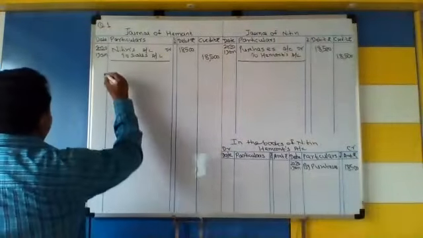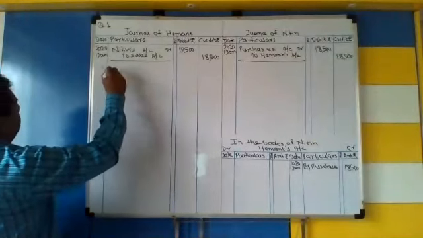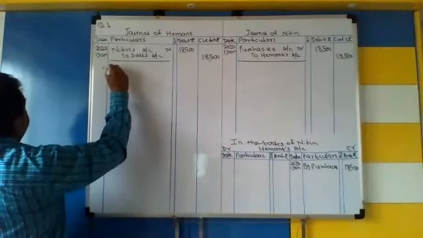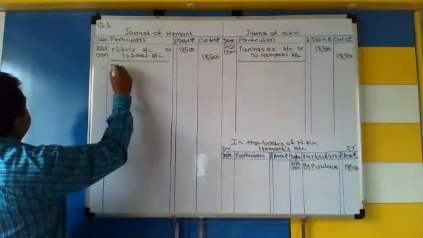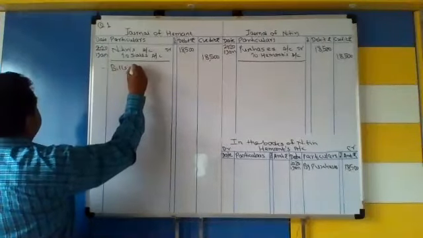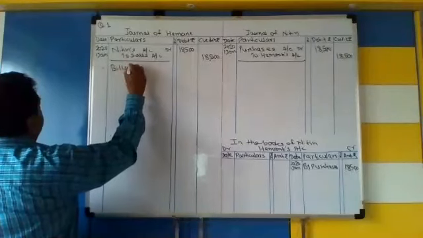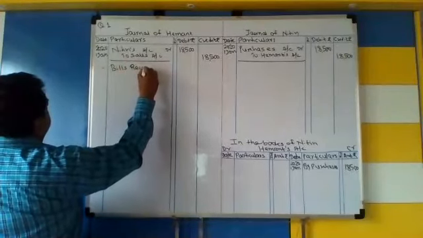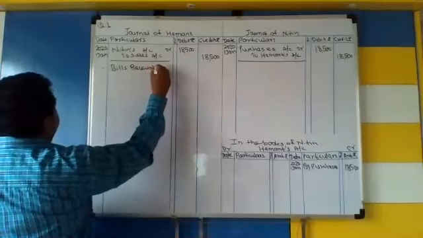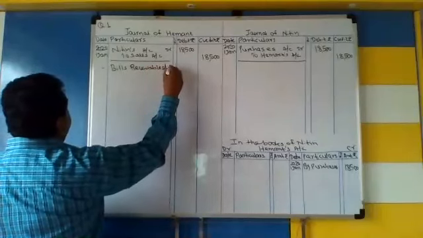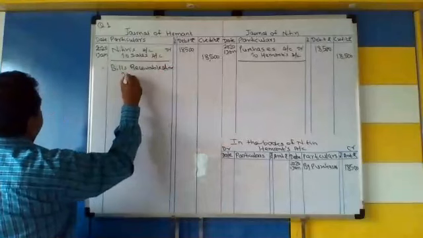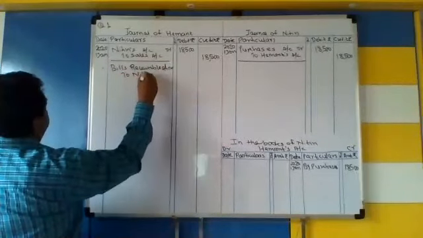Now next, Hemant drew a bill on Nitin. Hemant has drawn the bill, so Hemant is a drawer. For the drawer it is a bill receivable. The entry for that is bills receivable account debit to Nitin's account.